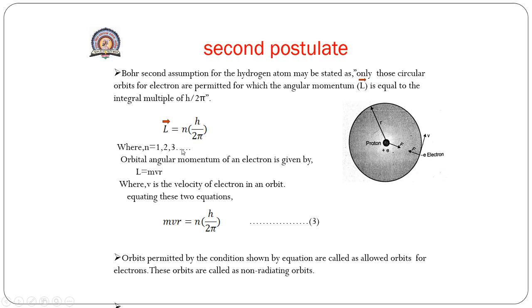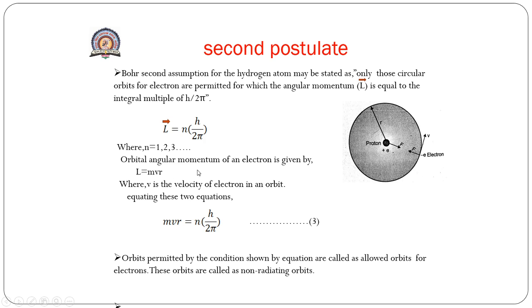Means the value of angular momentum is always 1 h upon 2 pi, 2 h upon 2 pi. It is never 0.5 h by 2 pi or 2.5 h by 2 pi. The angular momentum is always an integral multiple of h upon 2 pi.